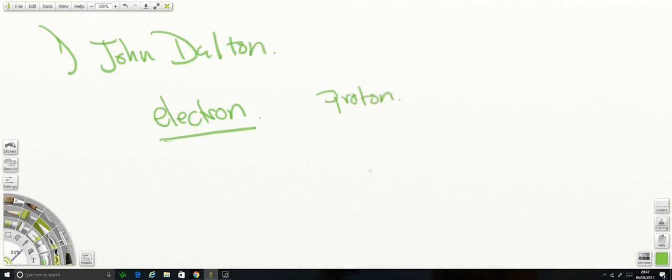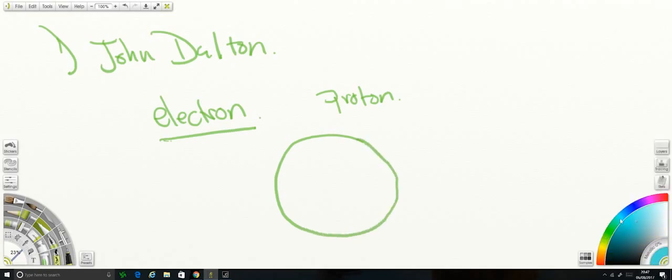He said that the best way to explain this is the plum pudding model. In today's dessert way, we'd say it's a chocolate cookie, right? So the idea is the same. If I draw my key here, what he said is that surrounding, like the chocolate cookie bit, would be the electrons.